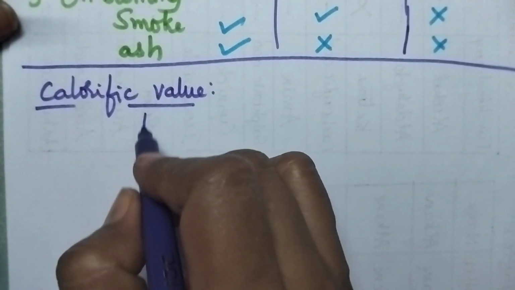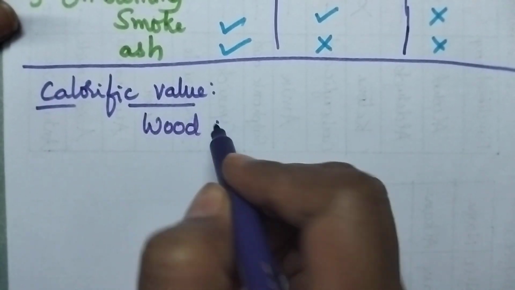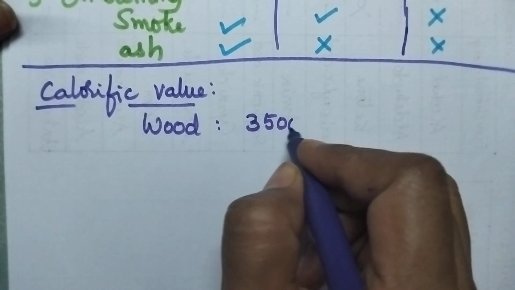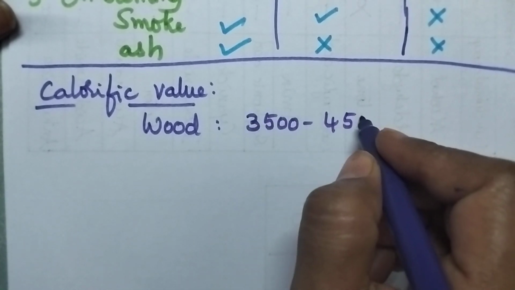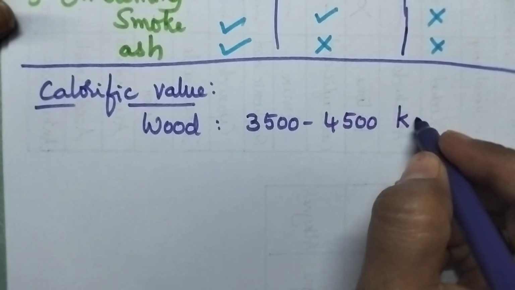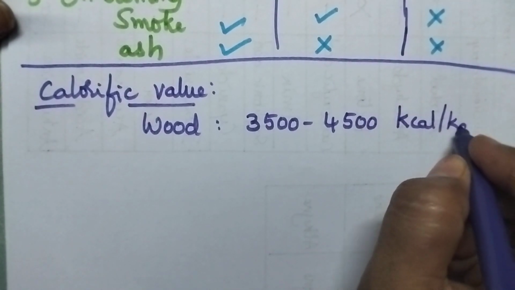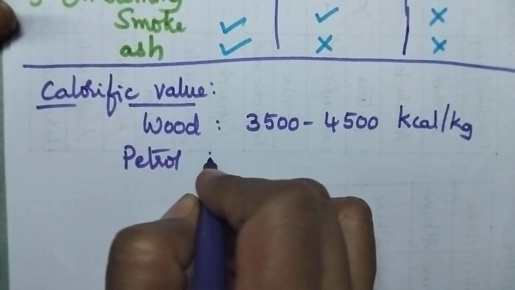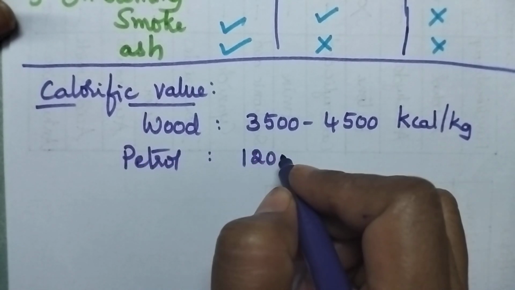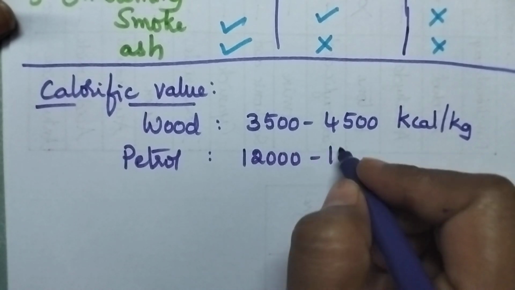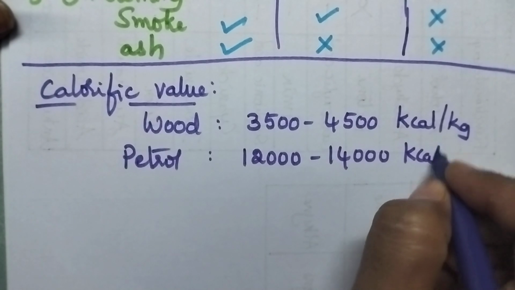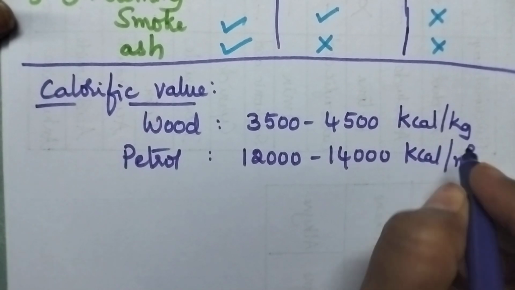For example, if we consider wood, its calorific value will be around 3500 to 4500 kilocalories per kg. And if we consider the calorific value of petrol, that may be around 12,000 to 14,000 kilocalories per meter cube.